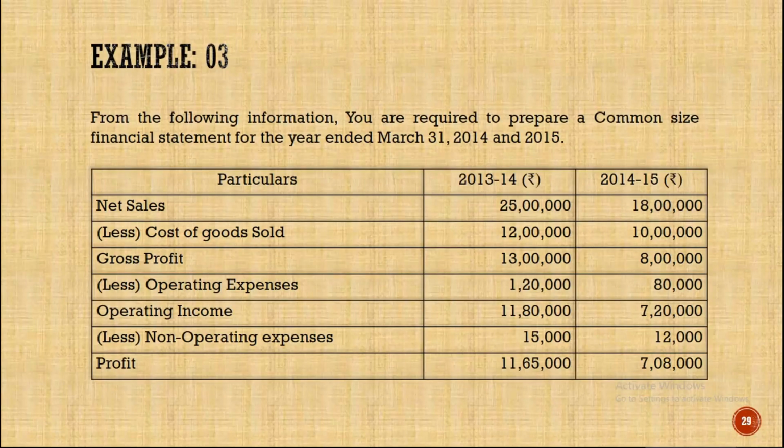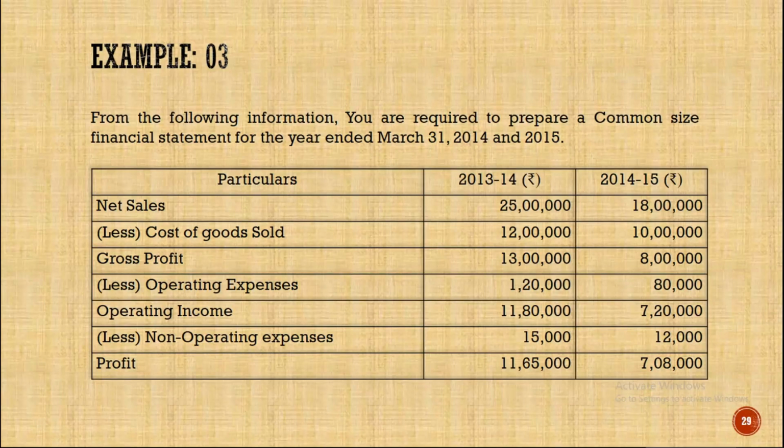Next is example. Let us start with an example. From the following information, you are required to prepare common size financial statement for the year ended March 31st, 2014 and 2015. This is again an income statement.